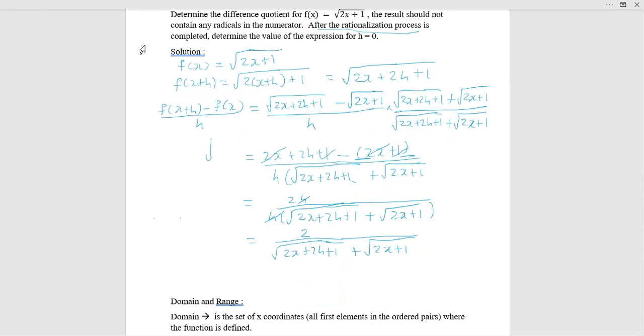Okay, now this is the difference quotient. We cannot simplify this any further. Now we can set h to 0.